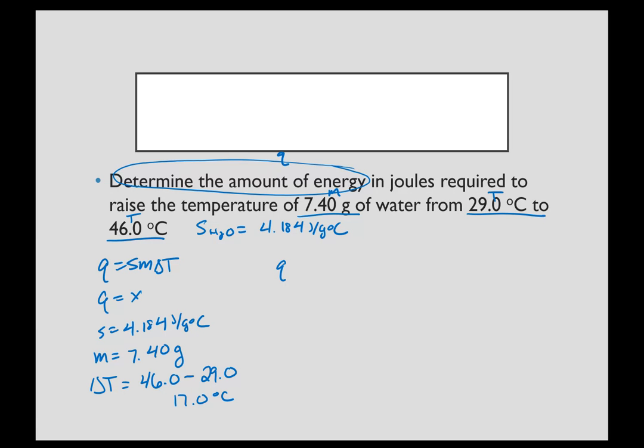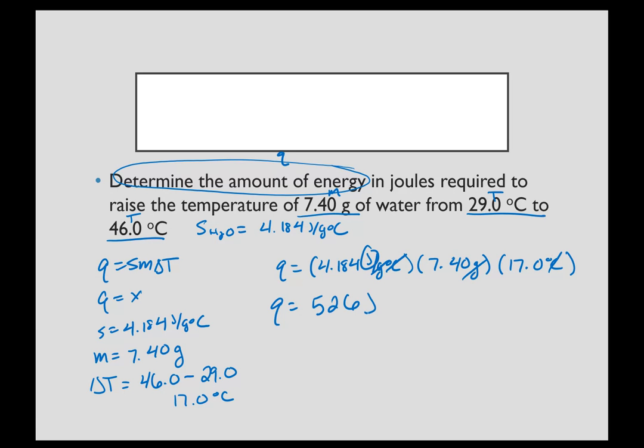So we just plug in 4.184 joules per gram degree Celsius times 7.4 grams times 17 degrees Celsius. Degrees Celsius and grams cancel with the unit of S. So my answer comes out to 526, and the unit is joules because that's the unit left uncanceled in my specific heat. 3 sig figs because all of my given information was 3 sig figs.